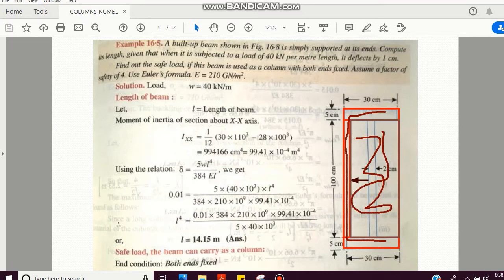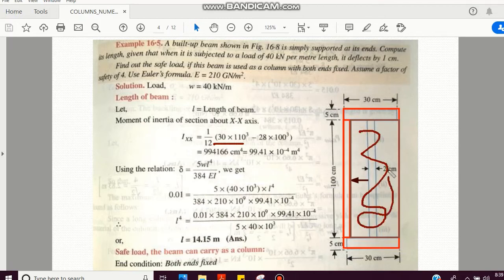The dimension of this C section is 30 wide and the height is 110. So in this moment of inertia equation, we take 1 by 12 b d cube, where b is 30 and d is the depth, that is 110 cube, minus the moment of inertia of this rectangular section.